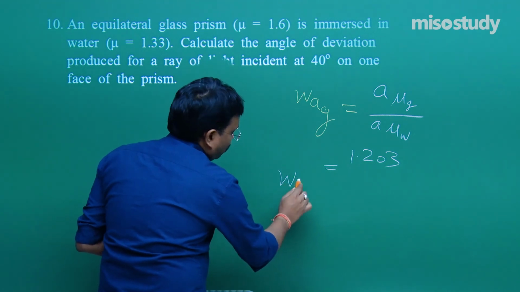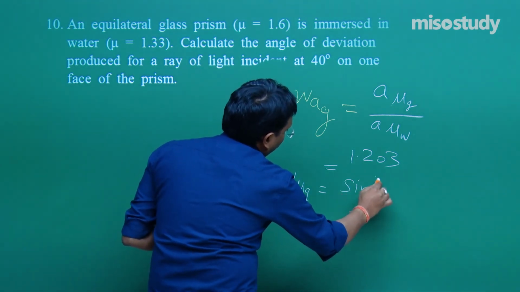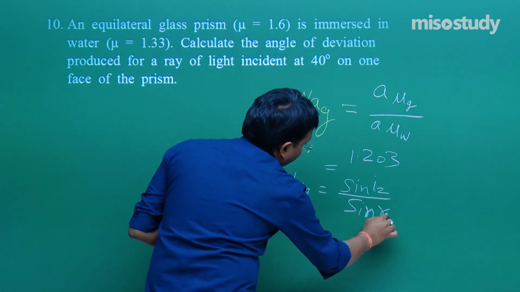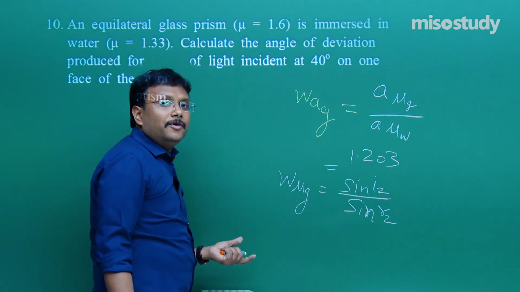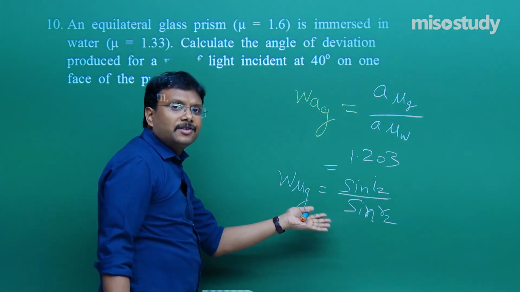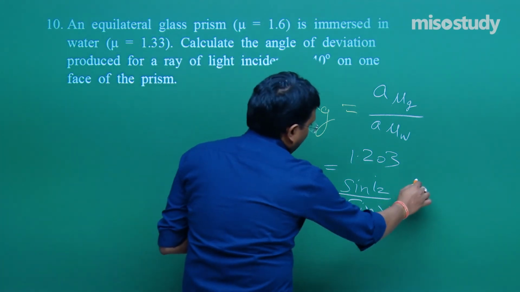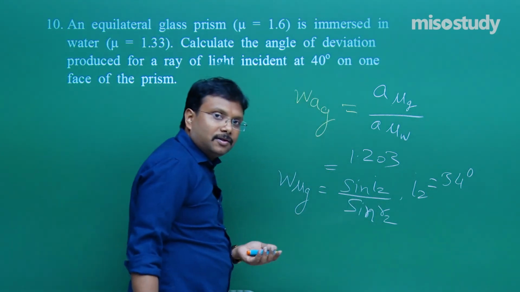Then wμg is equal to sin i2 upon sin r2. All these terms I already explained in one of my full videos. From here you can find the value of i2. I2 value you will get nearly 34 degrees.